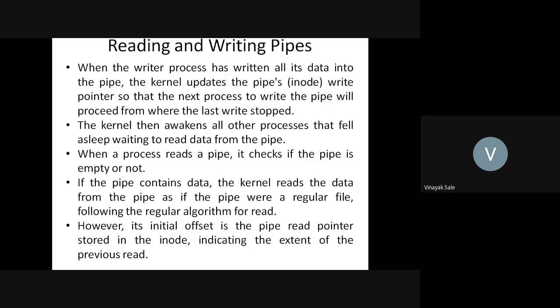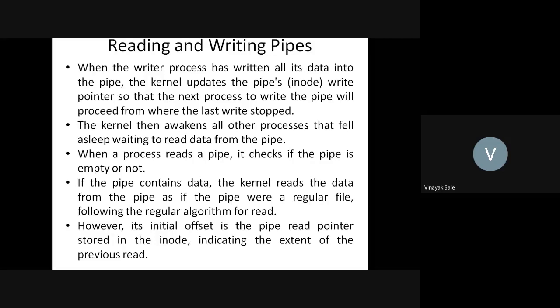From that point, the next process will start writing the contents of the pipe. The kernel then awakens all other processes that fell asleep waiting to read data from the pipe.